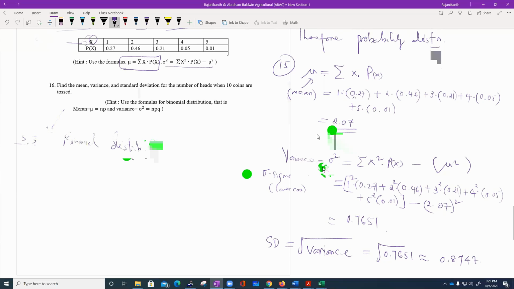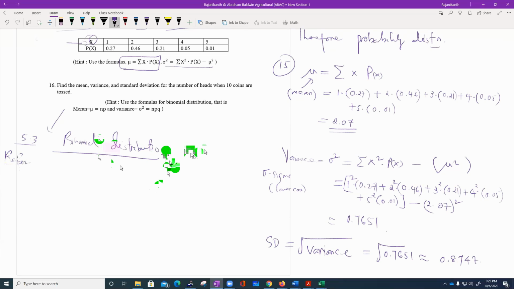Okay, binomial distribution. So please go and refer to your notes if you have not done so far. Binomial distribution means that when you perform an experiment, you are looking for only two possible things. One is success, another one is maybe failure. So always you will have two outputs, right?